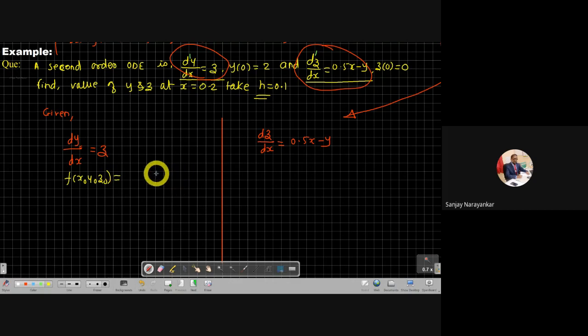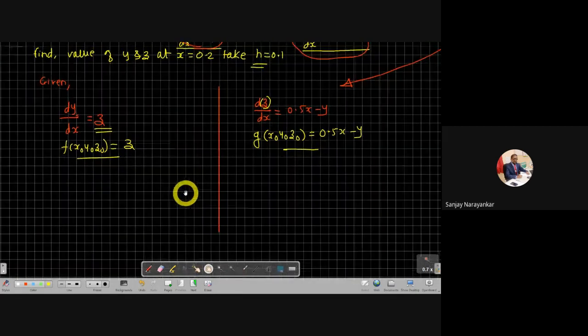What is that function? सर 0, Z. Z कंडिशन दिलेली आहे. आणि इकडे आता आपण z ला डिफरन्शिएट करतोय. त्याचं काय असणार आहे? g of x0 y0 z0, and that function is 0.5x minus y. हे खूप इम्पॉर्टंट आहे. ही स्टेप चुकली तर पुढचं सगळं चुकणार आहे. येते लक्षात पुढे? ठीक आहे.